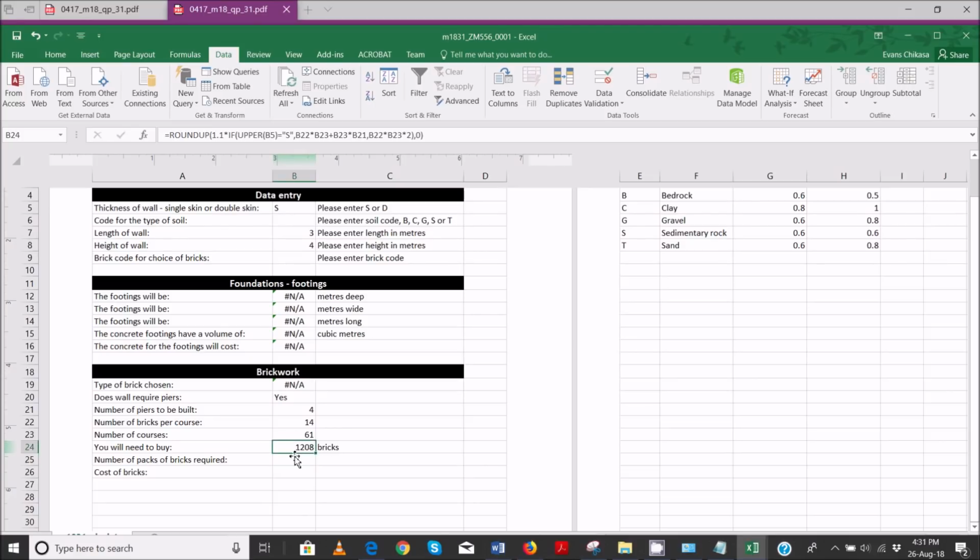So how many packs do we have there? That's the question. In 1,208, how many packs do we have if each pack is 390 bricks? So this is equal to this one divided by 390. And again, if this is going to be some decimal value, then you are going to round up.